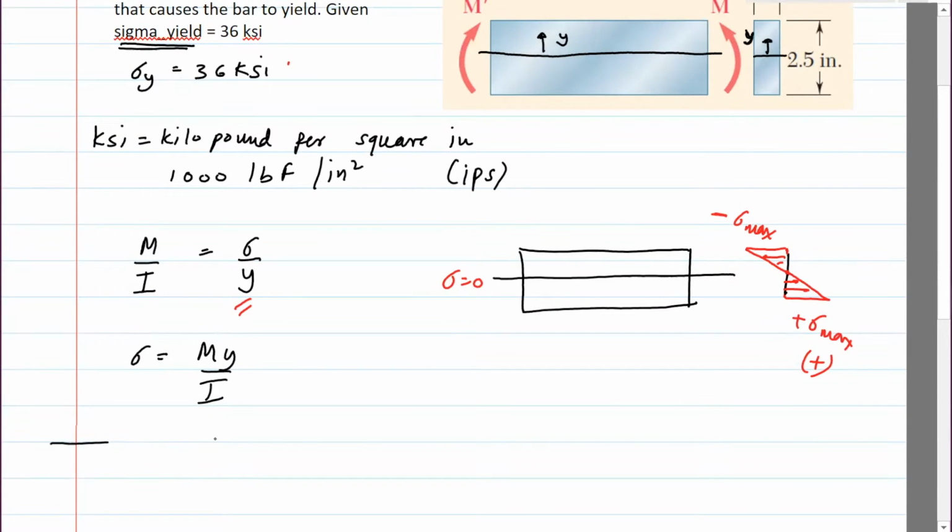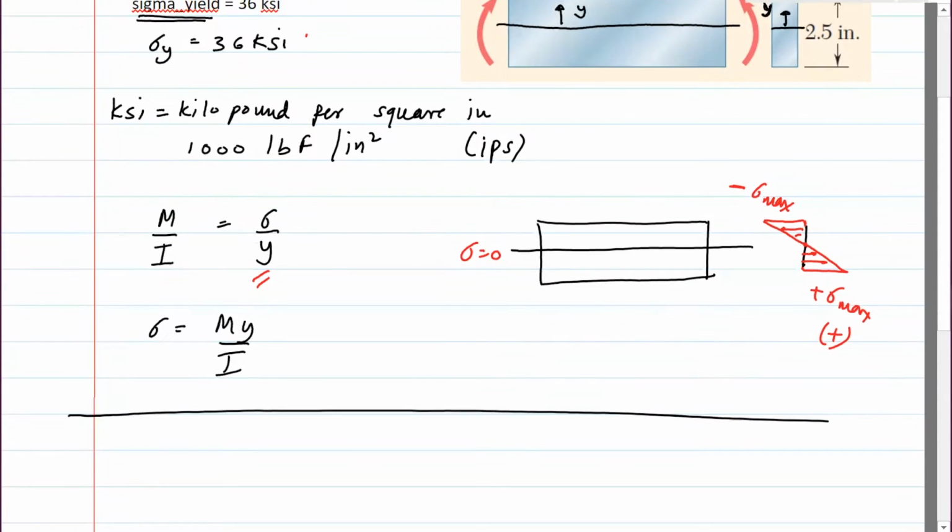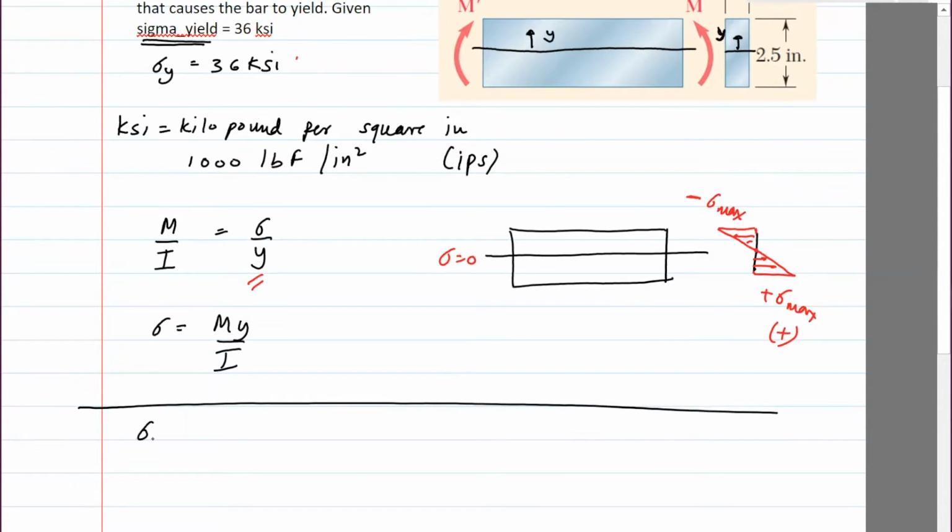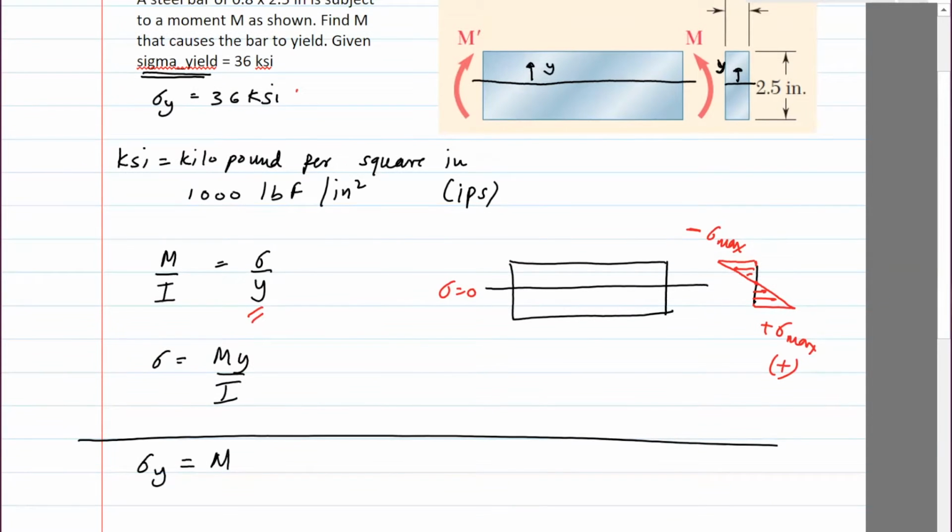Now, what we are told here is the given sigma is sigma y, M is unknown. Where will it fail? It will fail where the stress is maximum. In this case, the stress is maximum at the top surface, which is half the height, so 2.5 divided by 2.